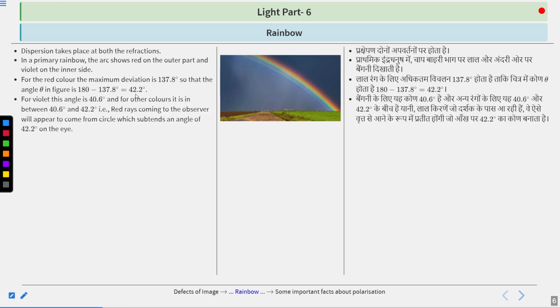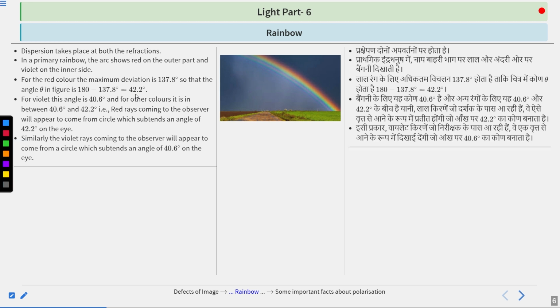For the violet, this angle is 40.6 degree and for other colors it is in between 40.6 degree and 42.2 degree. Therefore, red rays coming to the observer will appear to come from a circle which subtends an angle of 42.2 degree on the eye. Similarly, the violet rays coming to the observer will appear to come from a circle which subtends an angle of 40.6 degree on the eye.